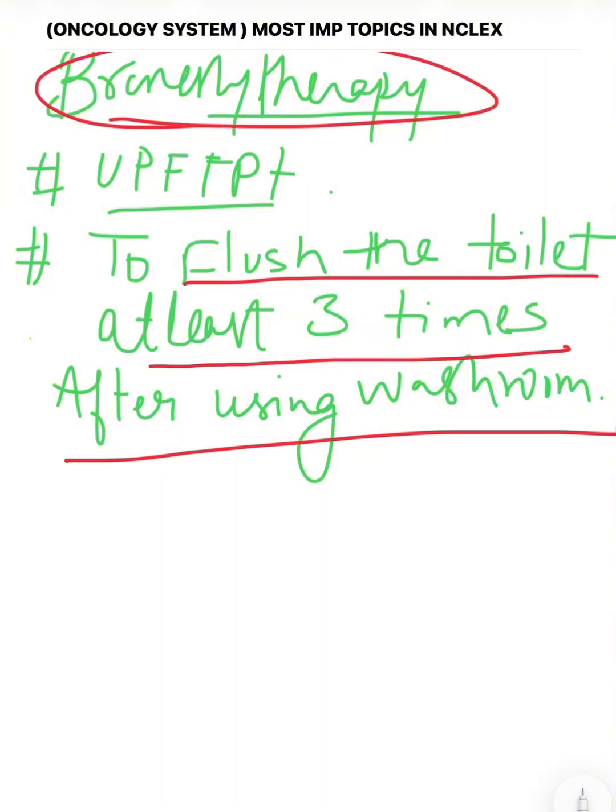Some more points: always use a long lead-handled instrument. Always wear gloves and a lead apron while performing direct care, and never touch the radiation source. If there is any fall or spillage of the radiation source, use a long lead-handled instrument, put the equipment in a lead container, and call the hazmat team.